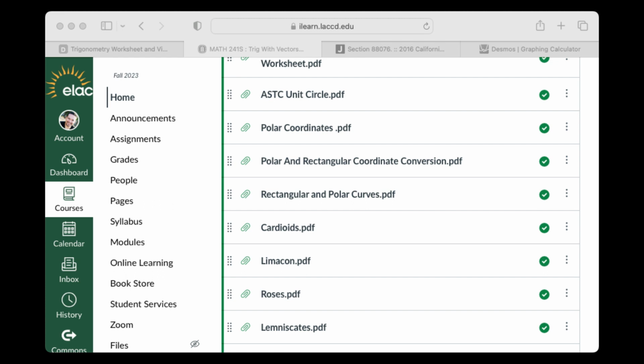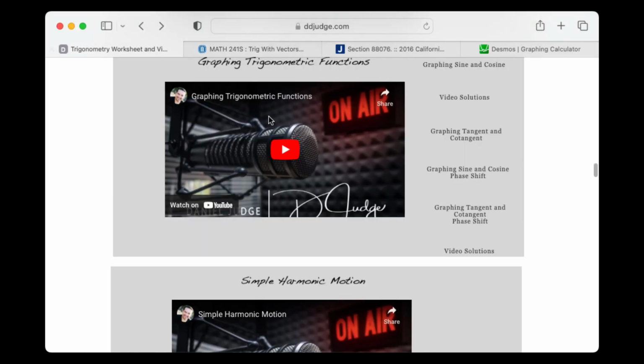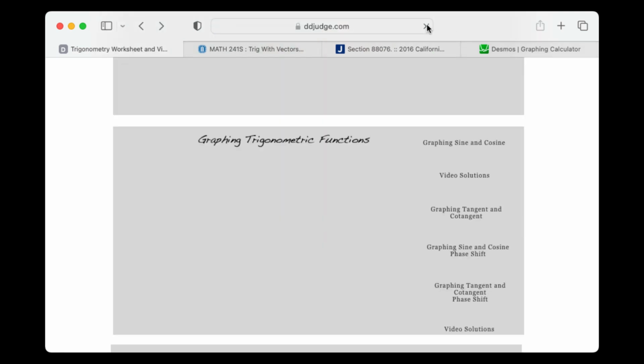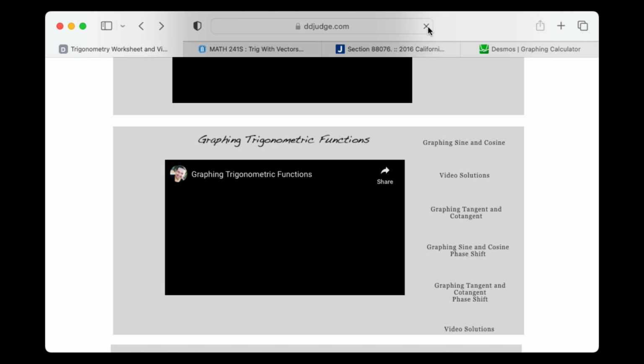I also want to say to you guys what I did yesterday. If you remember, we were working on graphing what? Tangent and cotangent. Is that true? So if you go to that worksheet, I may have to refresh. Sometimes you have to refresh because of your cache.